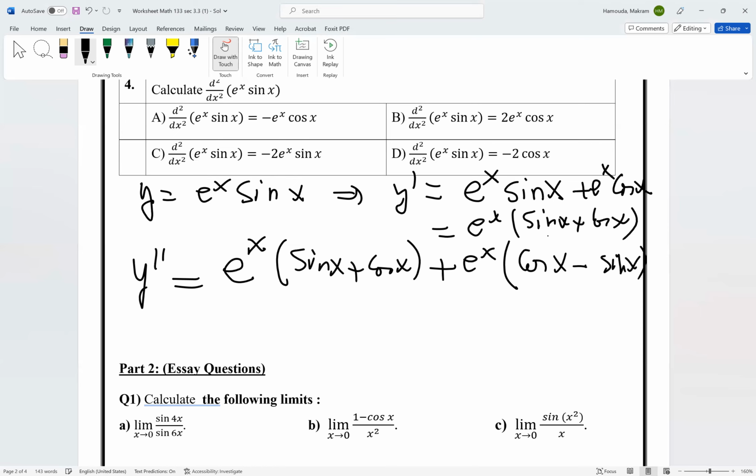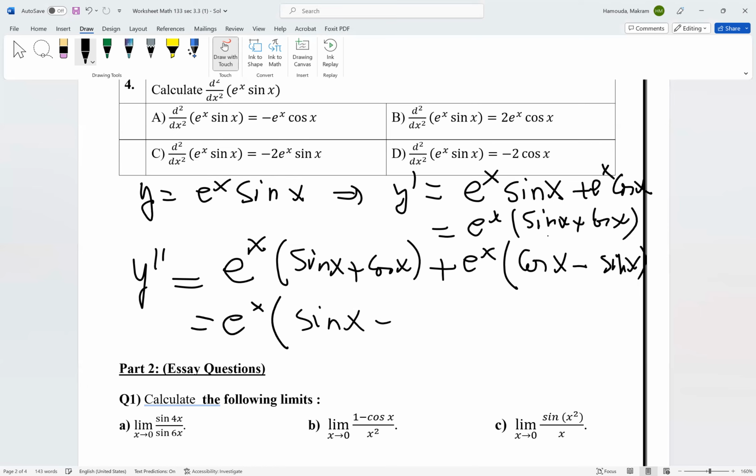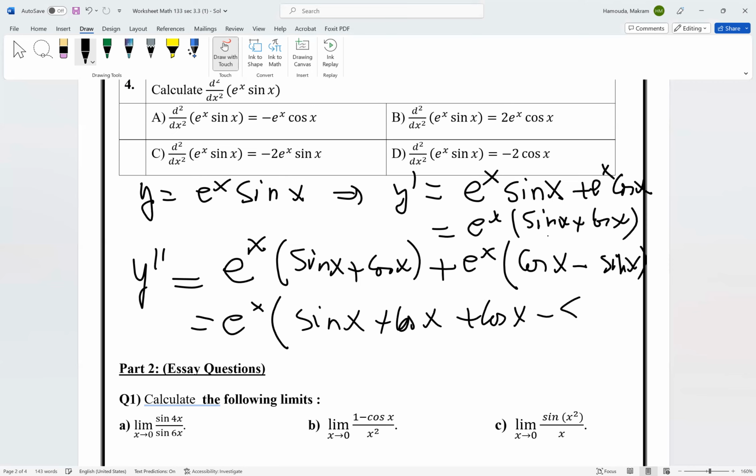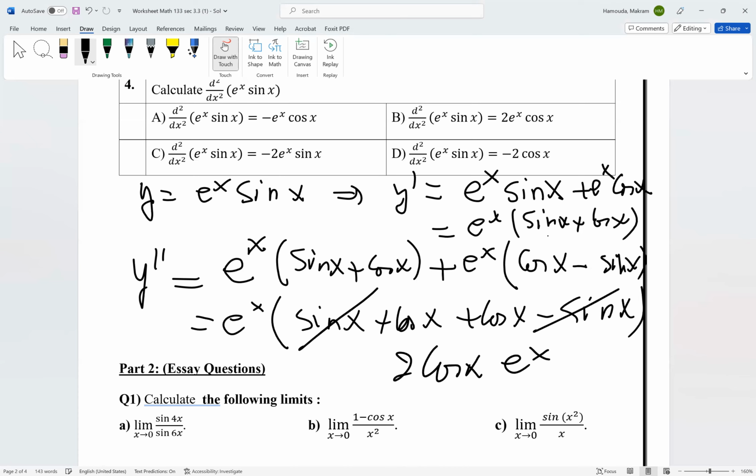And then I can put e^x common factor. So you see here, I will have sine x plus cosine x plus cosine x minus sine x. So there is simplification with sine, and I will get 2 cosine x multiplied by e^x, or 2e^x multiplied by cosine. So the answer is again B.